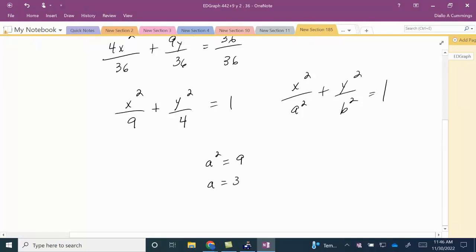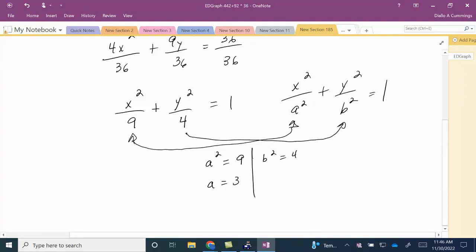We can also find b. We set b squared equal to 4. Just to show what I'm doing, I'm setting a squared equal to 9 and solving for a, and I'm setting b squared equal to 4 and solving for b. If we take the square root of both sides, b is going to equal 2.